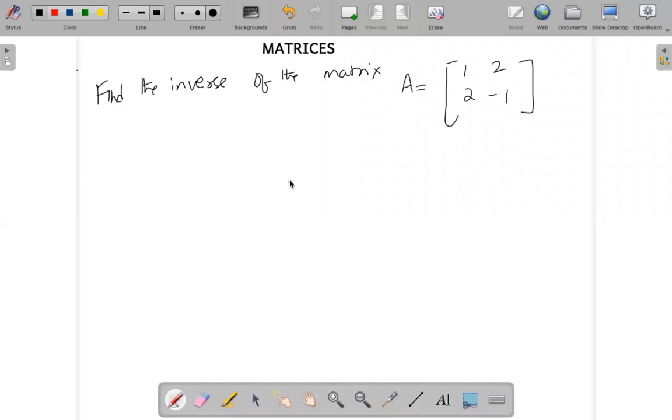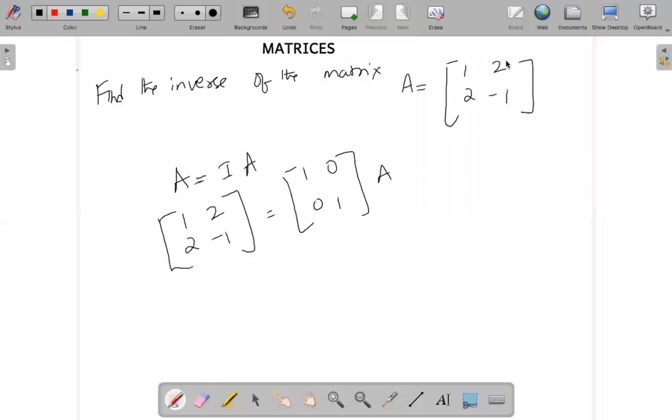So by using elementary operations, let us find the inverse of the matrix. In order to use elementary row operations, we have to write A is equal to IA. We get this.